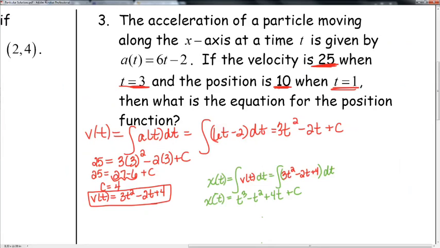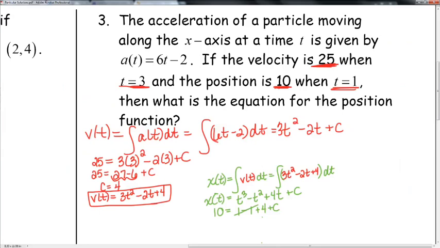And so I can now plug in. And again, I said the position is 10, so that means I'm going to be plugging in 10 into the y coordinate is equal to, and then when t is 1, so we're plugging in 1. So 1 to the third is 1, minus 1 squared, which is 1, plus 4 times 1, which is 4, plus c.